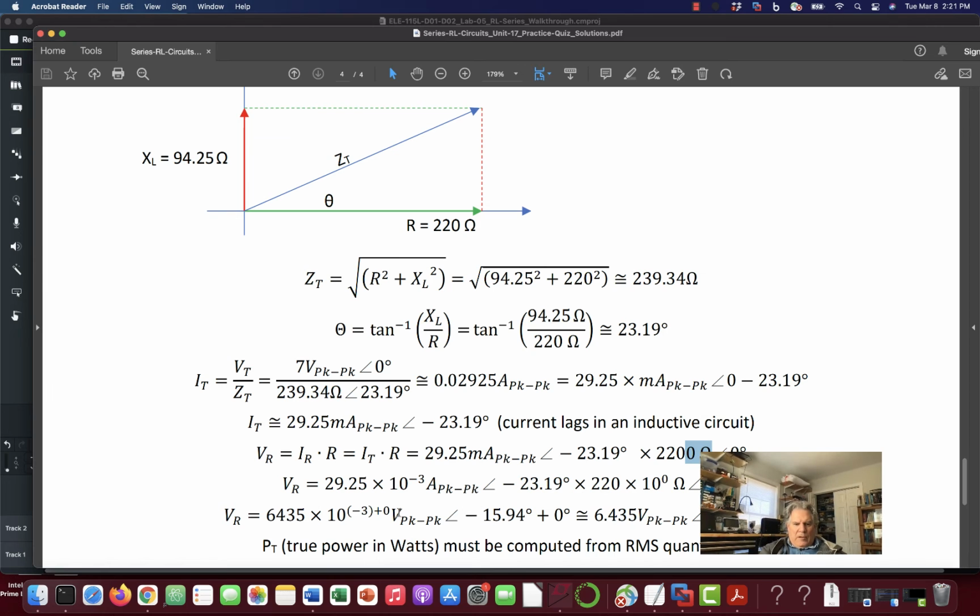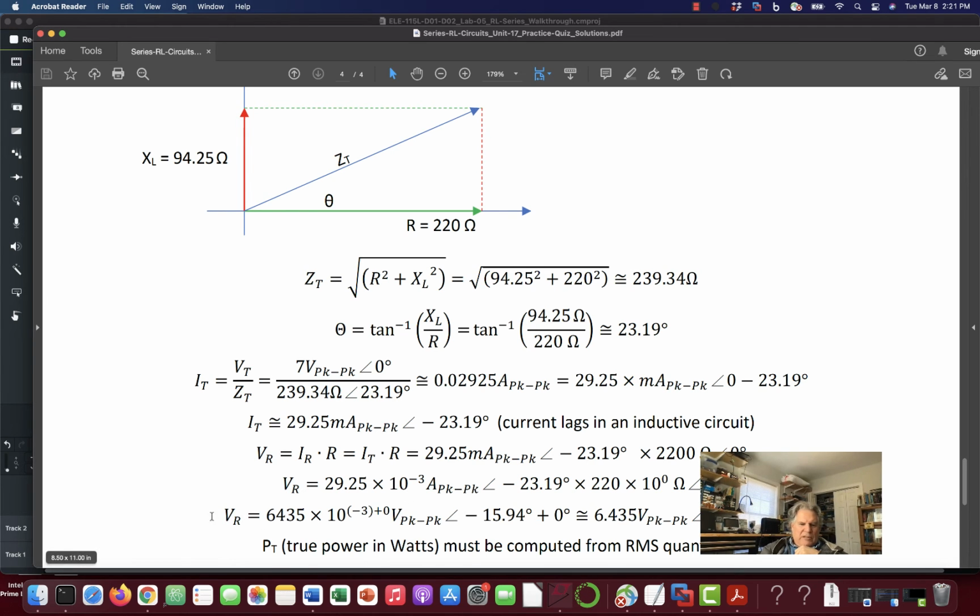So VR winds up being equal to 6,435 times 10 to the minus 3 volts peak to peak at an angle of minus 15.94, plus 0 degrees because we're multiplying by resistance here. And what we get is 6.435 volts peak to peak at minus 15.94 degrees.